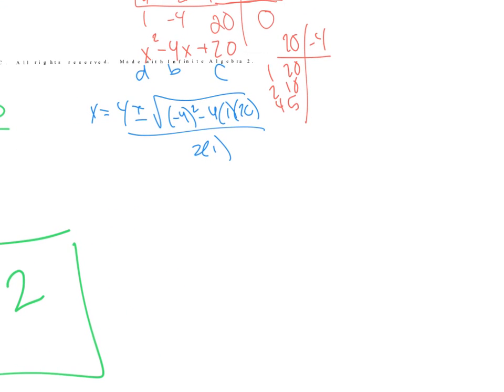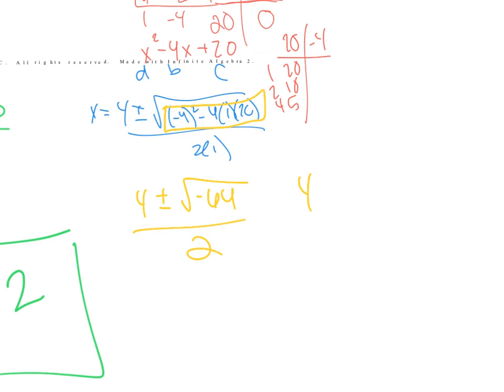Okay? So in your calculator, find the discriminant, which is what I highlighted. So negative 4 squared minus 4 times 1 times 20. And we get 4 plus or minus the square root of negative 64 over 2.